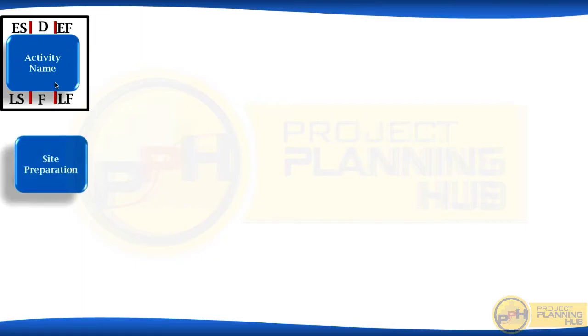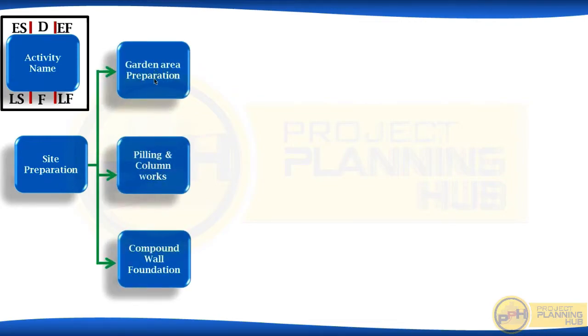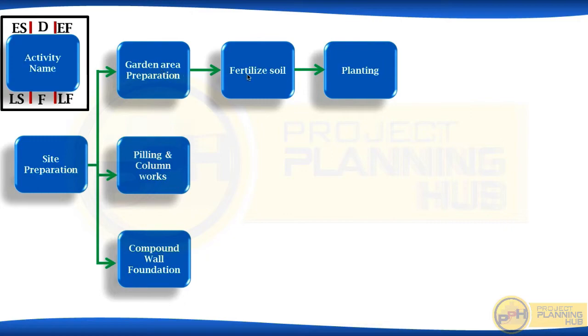So the first activity in our project is site preparation. Now after site preparation, we will start three activities in parallel, which are the garden area preparation, piling column works, and compound wall foundation. I hope you remember these. Now after finishing garden area preparation, fertilized soil and planting will be there.